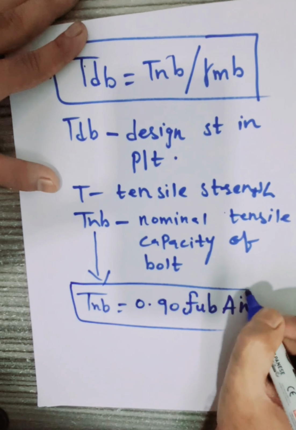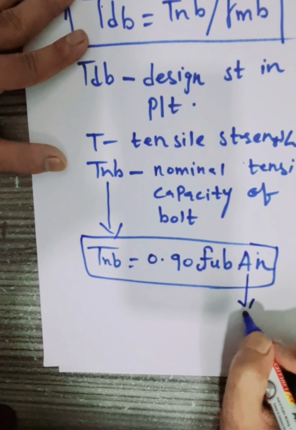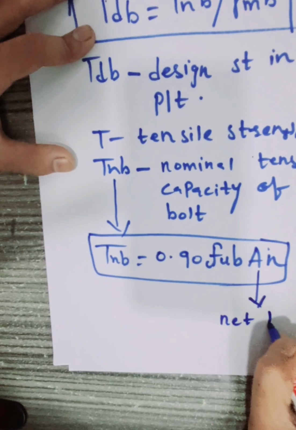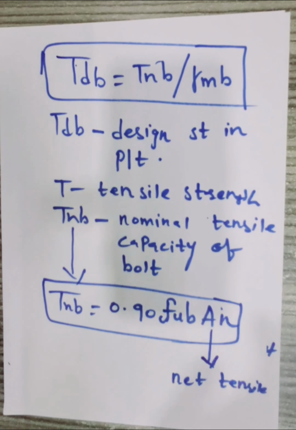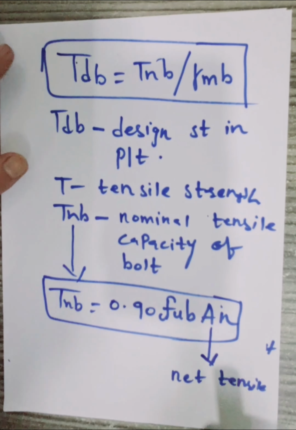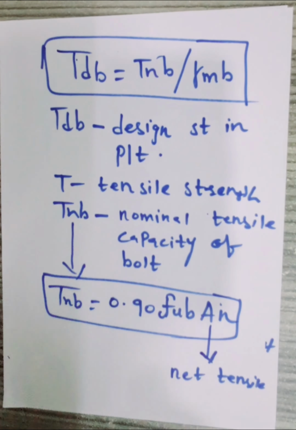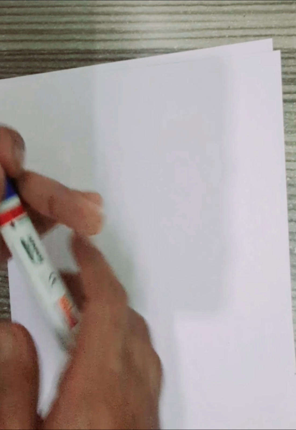Now let us see what AN is. AN is nothing but your net tensile area.